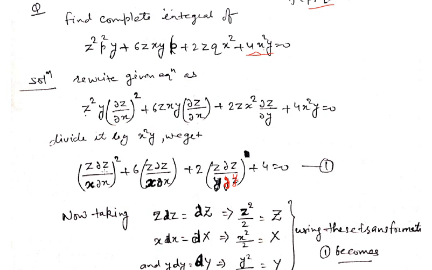So let's take z del z as d of capital Z. Z dz equals d of capital Z. This is another variable. When we integrate, we get z square by 2 equals capital Z. Z we already have, and this capital Z we assume. So we will use this transformation to convert z into another Z.